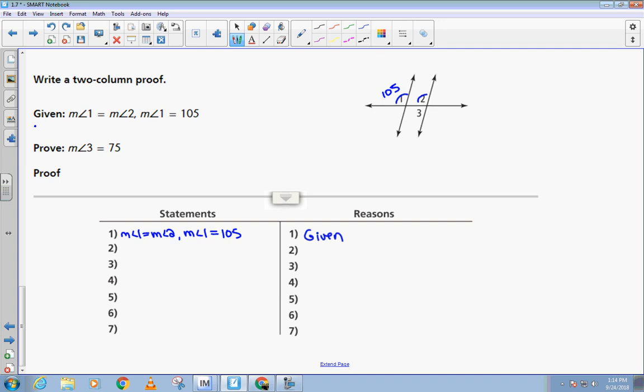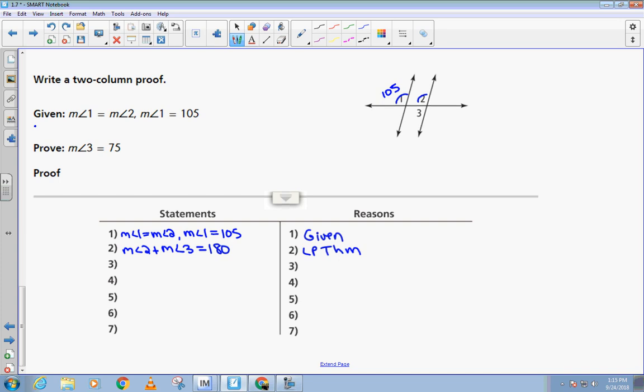If 2 and 3 are a linear pair, what do we know about them? They equal 180. So we're going to say that the measure of angle 2 plus the measure of angle 3 equals 180. And what's that reason? Linear pairs theorem. I'm all about abbreviations as long as we all know what we're talking about. So that's the linear pairs theorem.